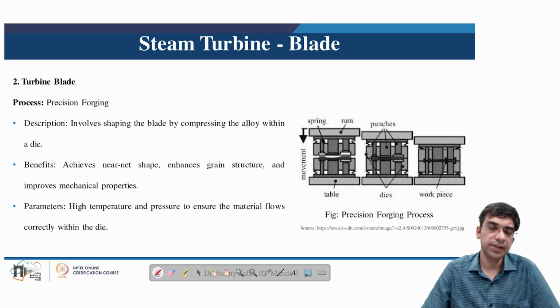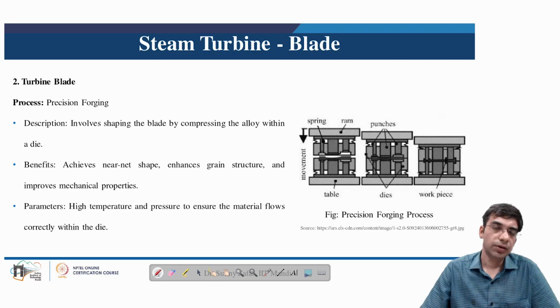Under the influence of compressive stresses, the material will flow in the die and take the shape of the die. The benefits of precision forging include near net shape manufacturing. Whatever is the shape of the die, exactly the similar shape will be formed of the product once it is deformed into the die. This also helps to enhance the grain structure.